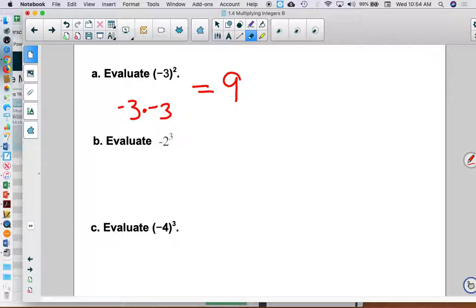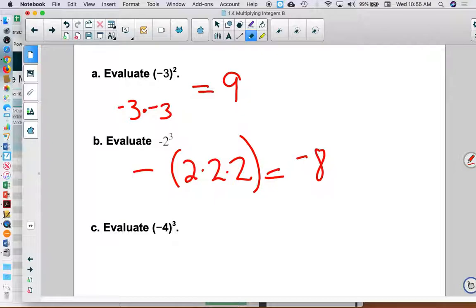The expanded form of b is the opposite of 2 times 2 times 2, which is negative 8. 2 times 2 is 4, times 2 is 8, but because the negative symbol was not inside parentheses, it's the opposite of 2 times 2 times 2. Okay? That's the one that trips kids up all the time.